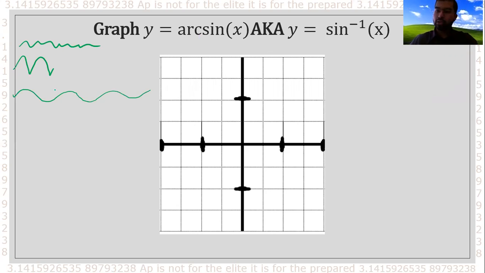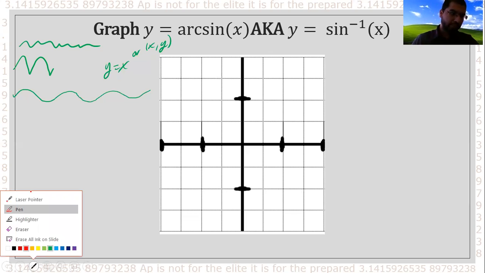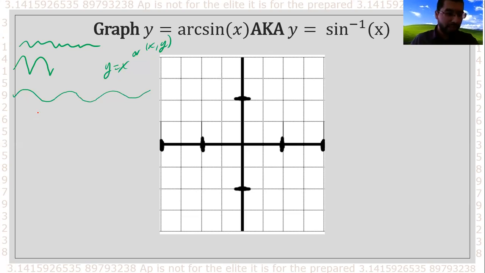Now, if we were to reflect this over the line y equals x, or swap all the x's and y's, right, we would actually get something that would look like this. Our graph, instead of being horizontal, will now be vertical.